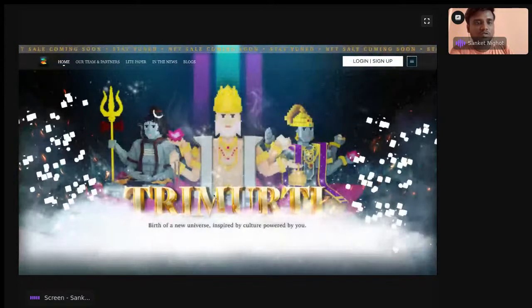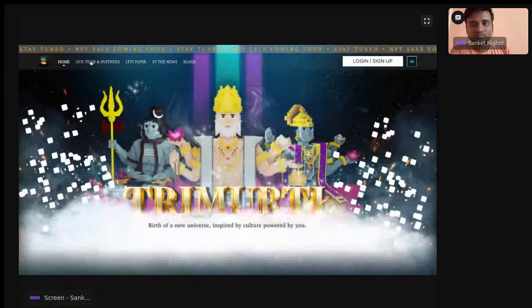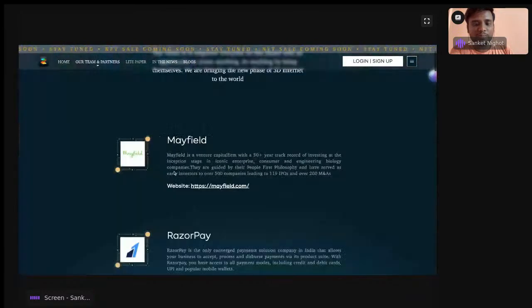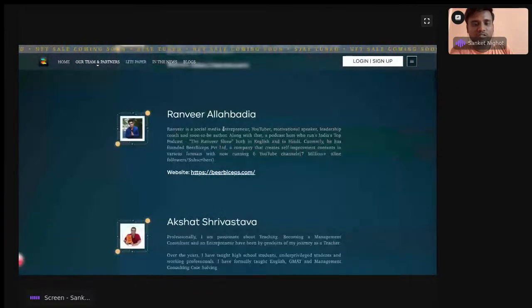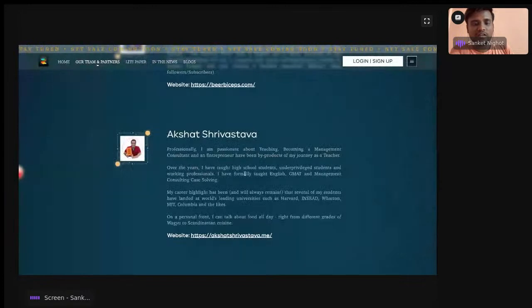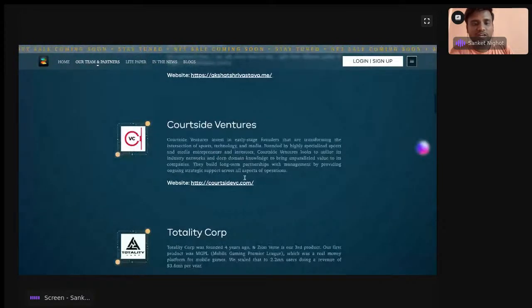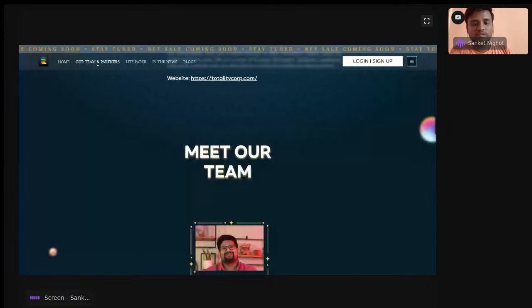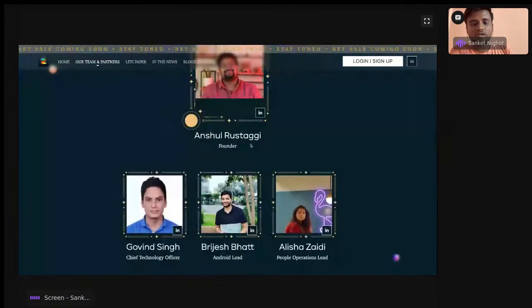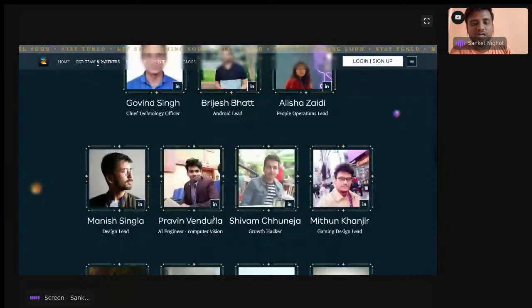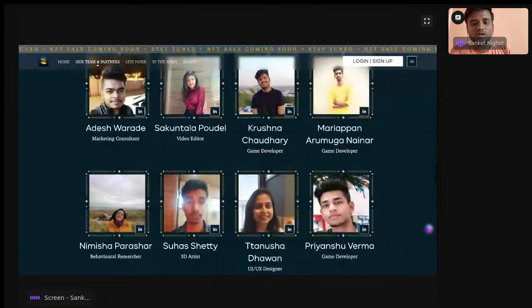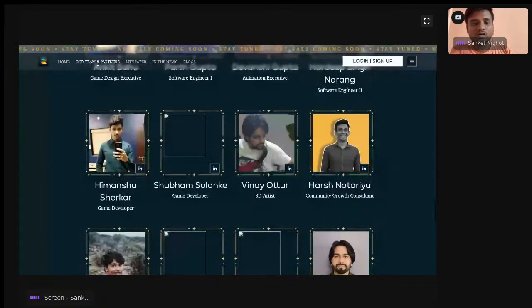You can see what partners they have, like Mayfield, Razorpay, Ranveer Allahbadia, Akshat Srivastava, then Courtside Ventures, Totality Corp. This is the team. Anshul Rustagi is the founder. You can know everything about the team, which team is working on the project.